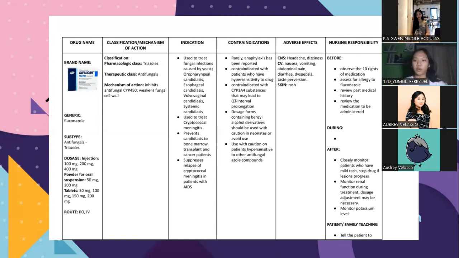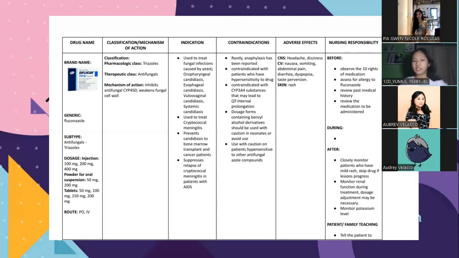For powder for oral suspension, it's 50 milligrams up to 200 milligrams. For tablets, it's 50 milligrams up to 200 milligrams. So it can go either an intravenous or oral route and is usually administered 200 milligrams on the first day and 100 milligrams for 2 to 3 weeks for adults, and 6 milligrams on the first day and 3 to 12 milligrams for 3 weeks for children.